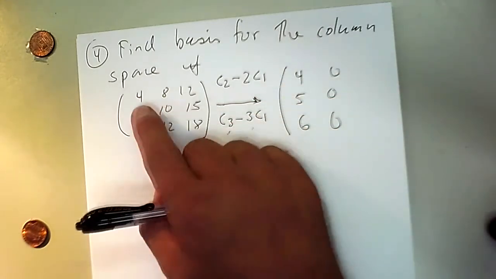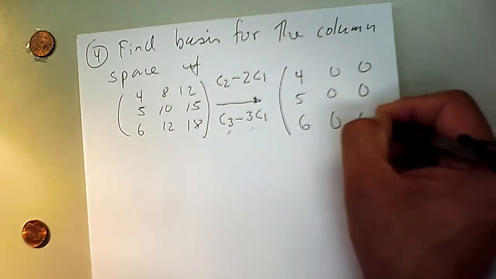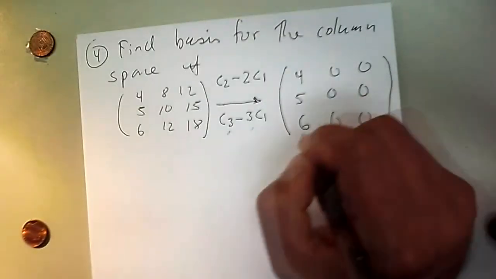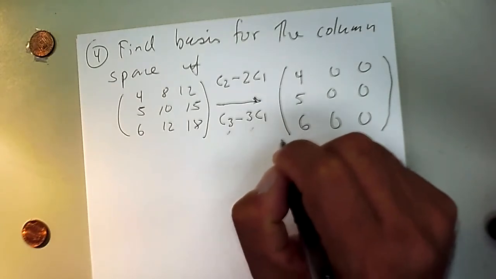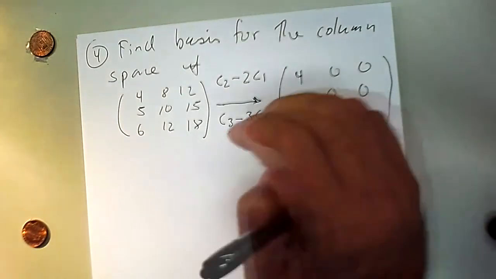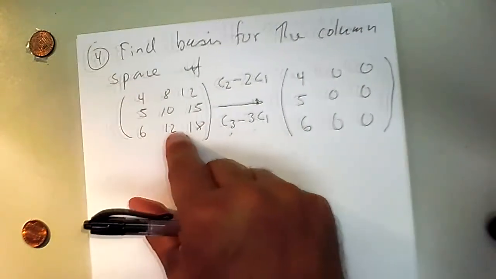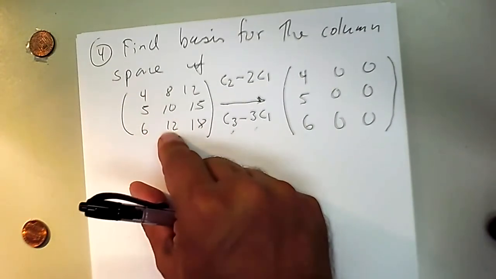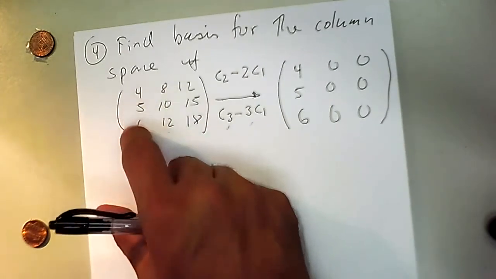Take away 3 of those, and we still end up with 0, 0, 0. So those two are redundant, and this example makes it very obvious. This column generates those 2 columns. Multiply this column by 2, you get that. Multiply this column by 3, you get that column. So all we need is this column.